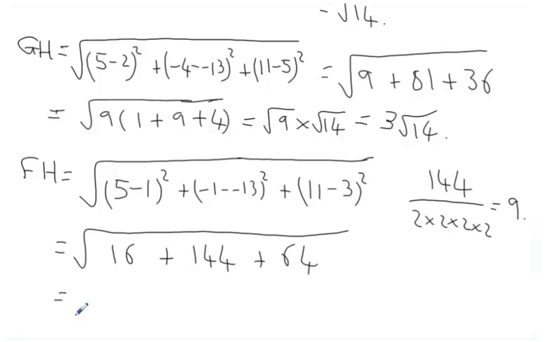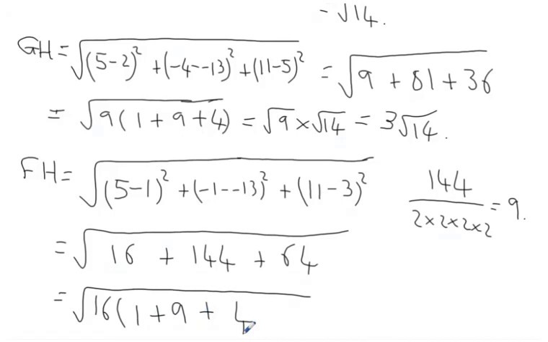So now we can say this is the square root of 16 times 1 plus, we just said this was 9, plus 16 fours are 64. And again, we've got this 1 plus 9 plus 4, which is our 14. So in the same way as before, we've got root 16 times root 14.